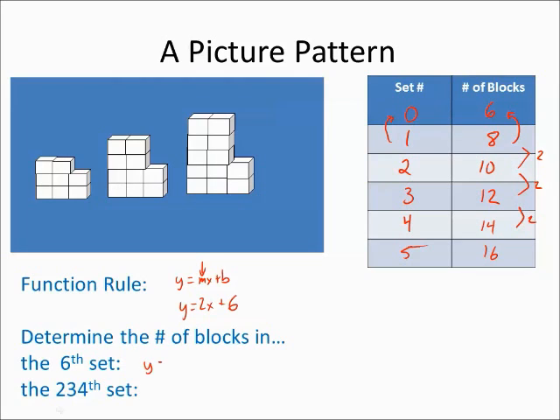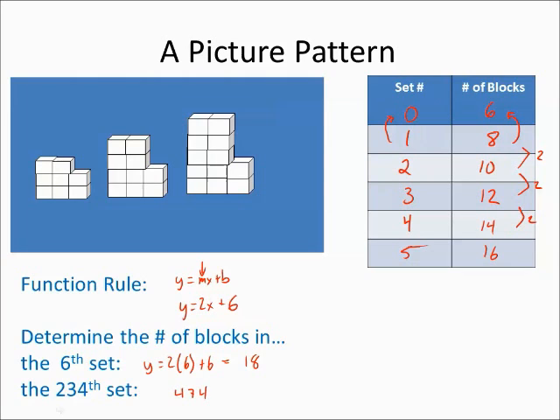You went y equals 2 times 6 plus 6, and you get 18 blocks for the 6th set. For this one, go ahead and pause it, work it out. Hopefully you got 2 times 234, which is 468, plus 6 would be 474. All right, so there you go.